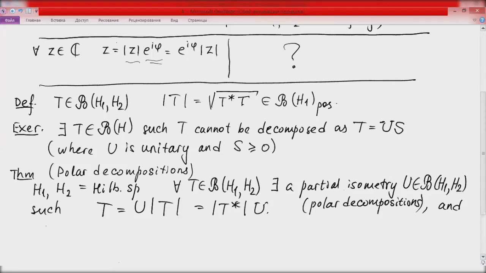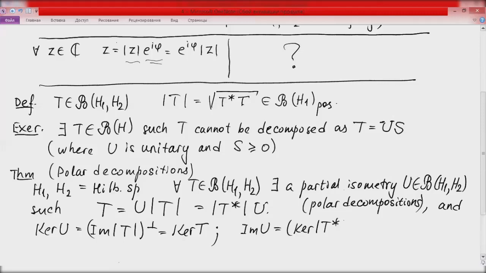The kernel of U is the orthogonal complement of the image of the modulus of T. And this is the same as the kernel of T. And also we can choose U in such a way that the image of U is the orthogonal complement of the kernel of the modulus of T star. And this is the same as the closure of the image of T.